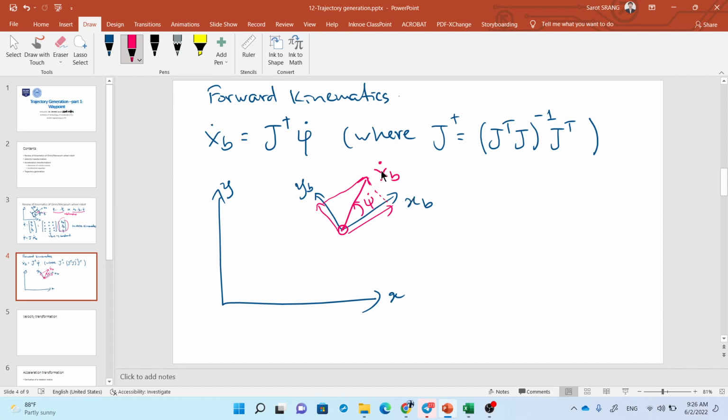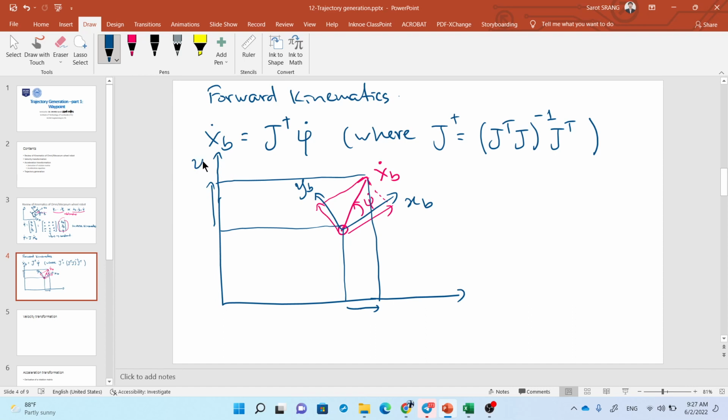And now we want to transform this vector into global frame, which means I want to find this component on the x-axis, and then I want to find this component on the y-axis, x global, y global, right? So I need to transform it using rotation matrix.